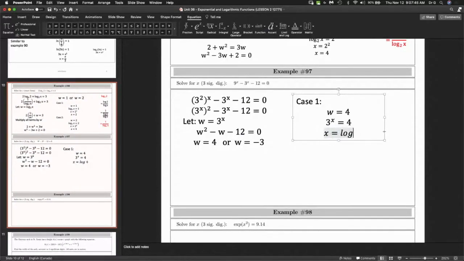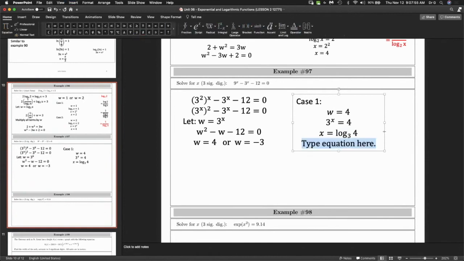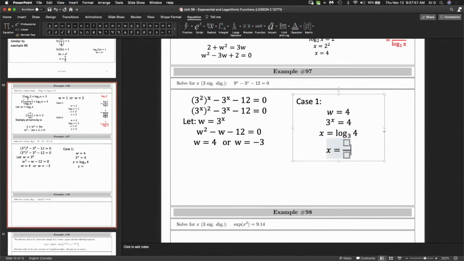So that's log base 3 of 4. And if you don't have that button on your calculator, you could type it as log 4 over log 3, which eventually gives us an answer of approximately 1.26.